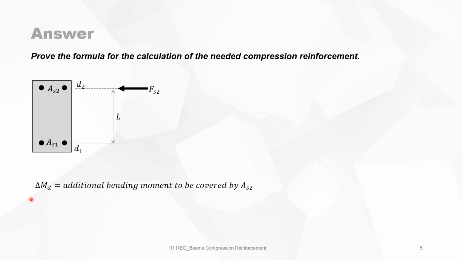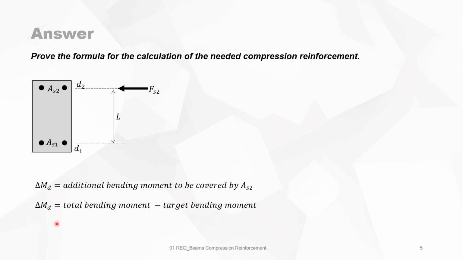Now first, ΔM_Ed is the additional bending moment to be covered by A_s2. So that's the additional bending moment that we will obtain to achieve some goal. And this goal, we call it target bending moment. So you want to reach something, and that's the target bending moment.